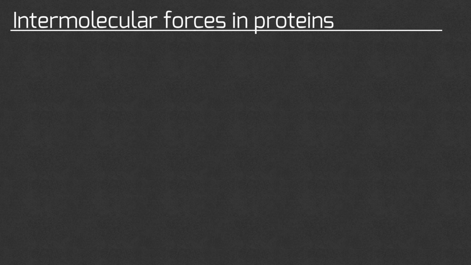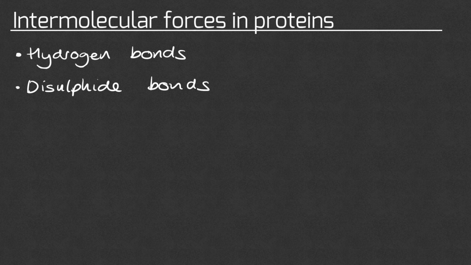The secondary and tertiary structures are formed by intermolecular forces which cause the chain to twist and fold. These are primarily hydrogen bonds and disulfide bonds.